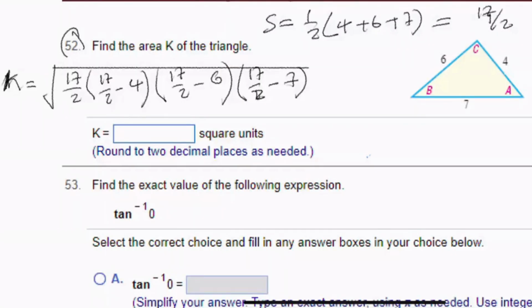So I have 17 over 2, then I subtract each of the sides from 17 over 2 and take the product.